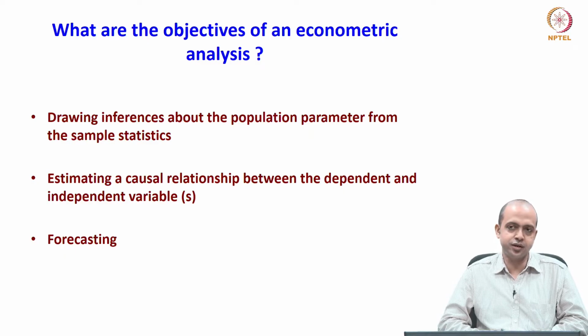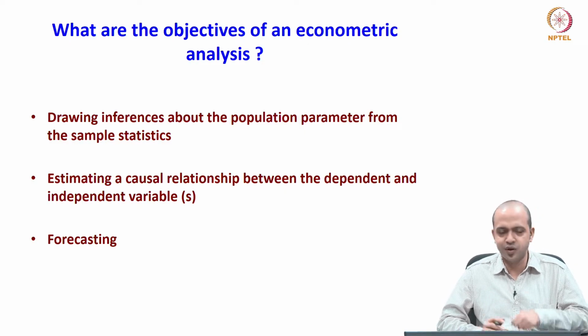That should come purely from your own understanding or from the existing theory, right? From the existing theory. So, when you are trying to formulate the econometric model, then you have to take help from the existing literature, or you have to apply your own logic to decide among these two variables, income and consumption, what should be the dependent variable and what should be my independent variable.